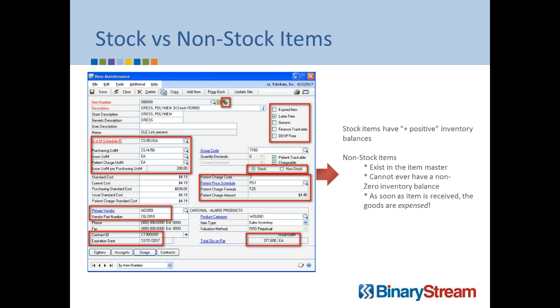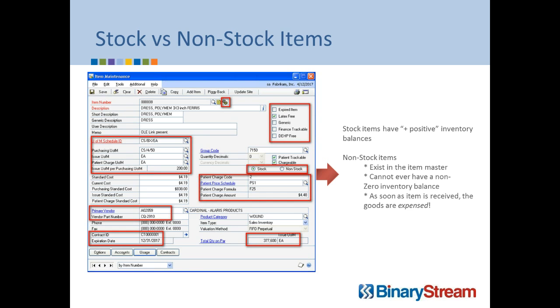A non-stock item, however, is an item that, while it has an item number in the system and descriptions, it's an item that we will never have a positive inventory balance of. In other words, it will always be zero. And the reason for that being is that as soon as those goods are received, they're automatically expensed to the destination department.